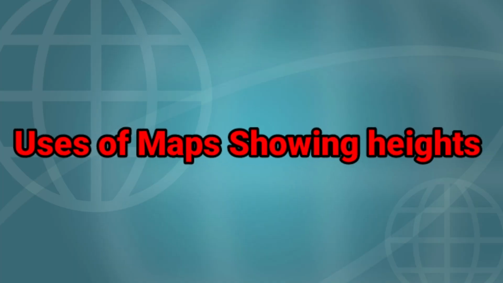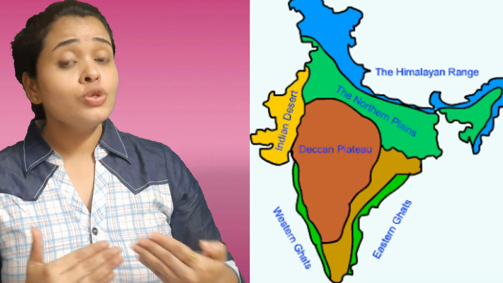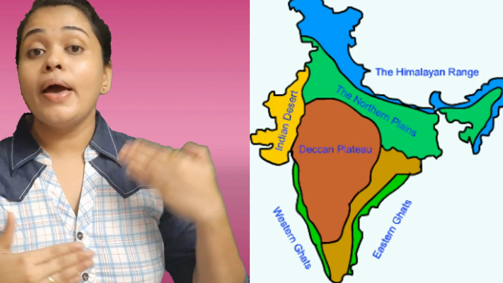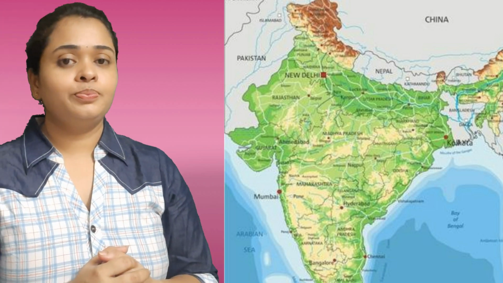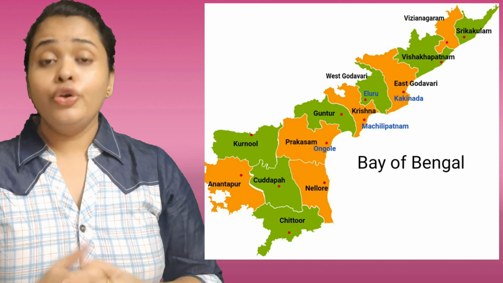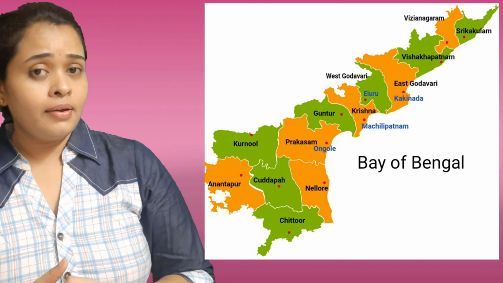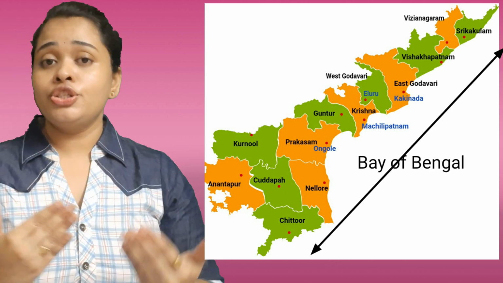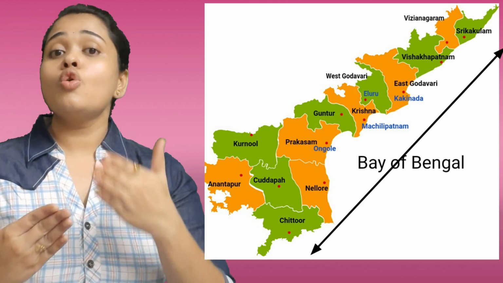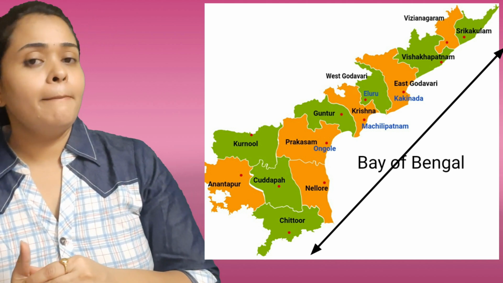Uses of maps showing heights. These maps are used to show and understand the nature of terrain, where the mountains are, where the valleys are. If you look at the physical map of Andhra Pradesh, you can identify the coastal region that runs across the coast of the Bay of Bengal.